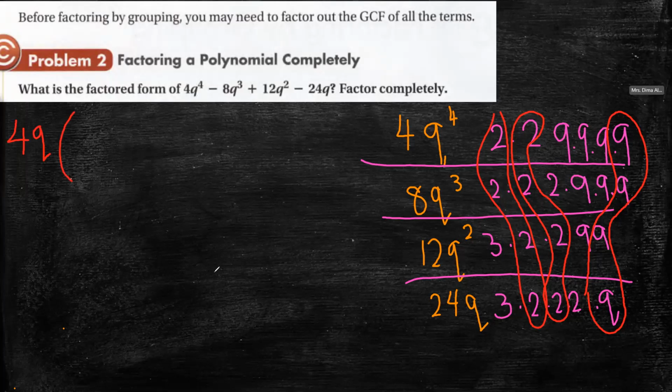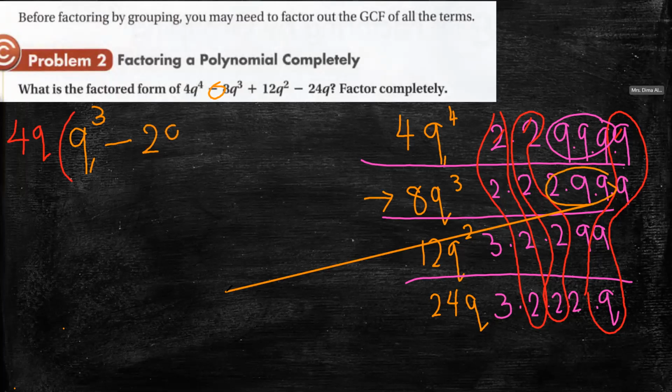Then after that, look at the first term. If we remove 2 and 2 and the q, what will remain? We have q cubic. Then minus, here, what will we have? We will have 2q squared. Then plus, look here. If you remove 2 and 2 and the q, we will have 3 and the q.